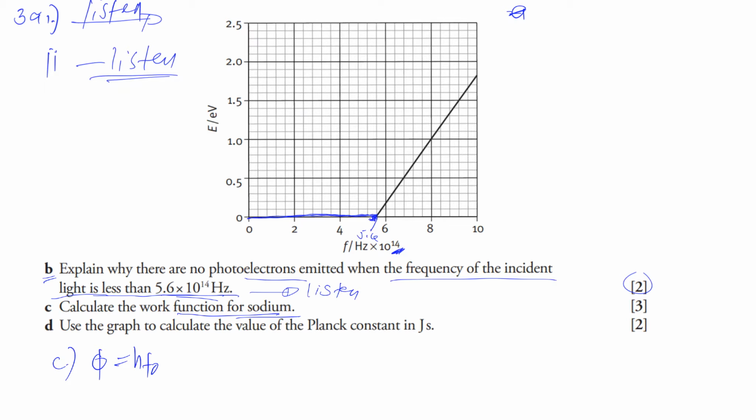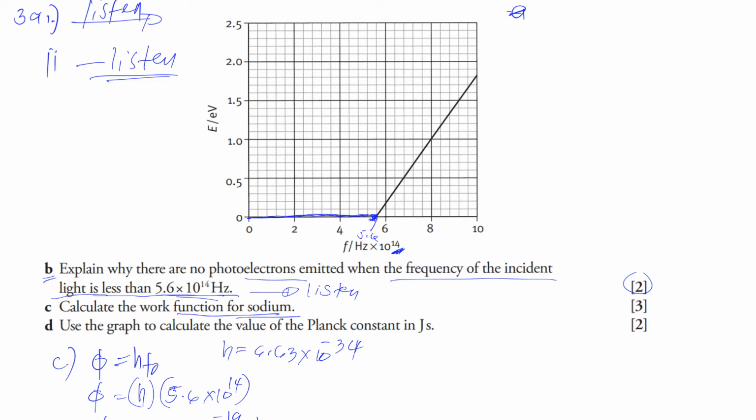H is a constant, we know that one, times f0, which is 5.6 times 10 to the 14. So our work function is around 3.7 times 10 to the negative 19 J. Remember that your h is a constant, 6.63 times 10 to minus 34.